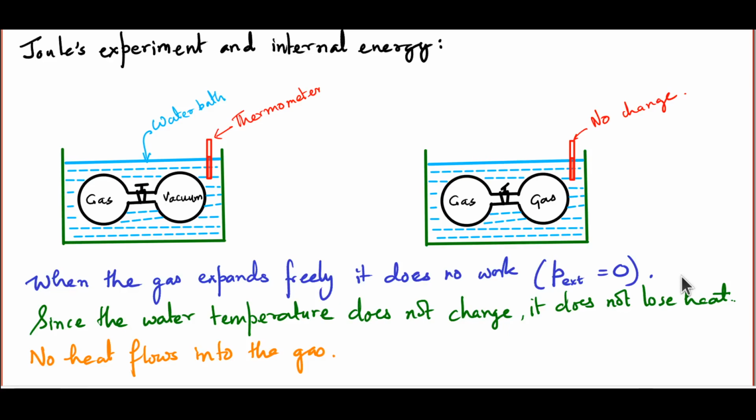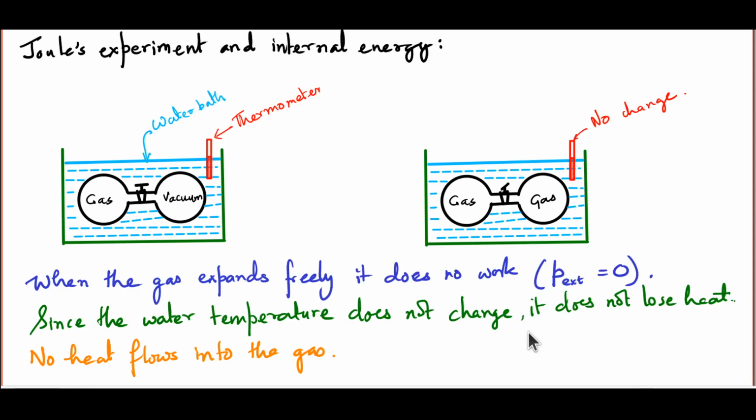Now, an immediate consequence of this was the following. You have a process of free expansion. You had a gas in a small volume and, of course, large pressure before. Now you have a gas which is spread out over a much larger volume, lower pressure. But in this process, no work has been done and no heat has been exchanged.